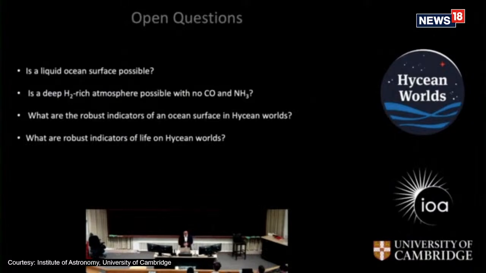But yeah, so what are the robust indicators of life on Hycean worlds is something else that we are also actively thinking of. And if we can disprove that these are good indicators, that's fine. I will leave you with one minor other thought, which is we are talking about DMS and DMDS as biomarkers or not.